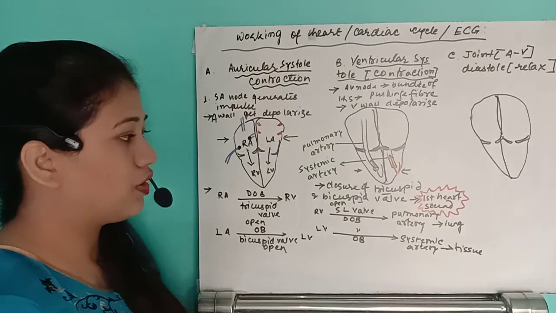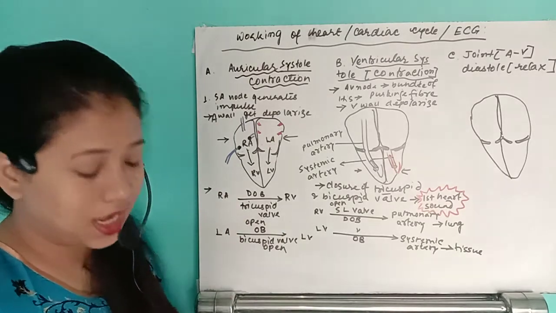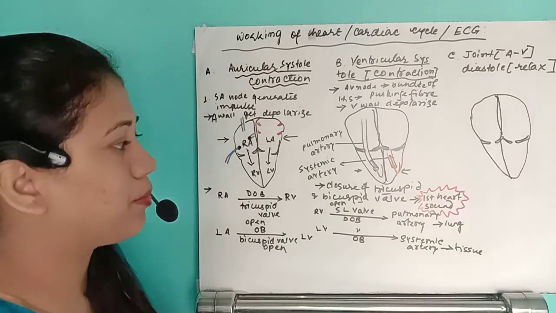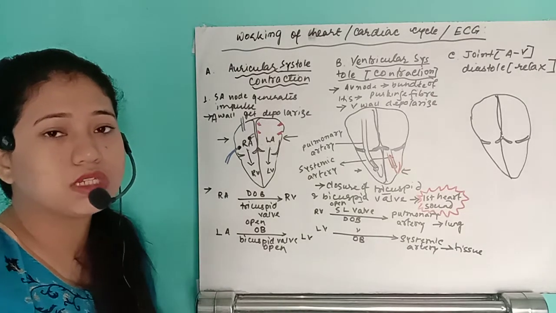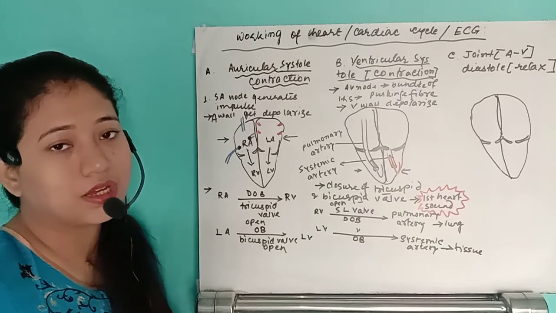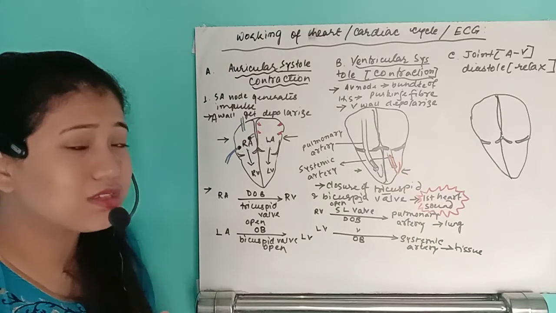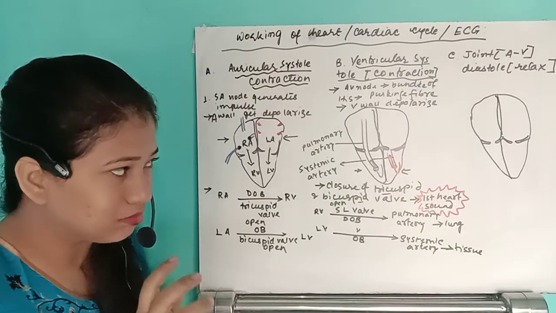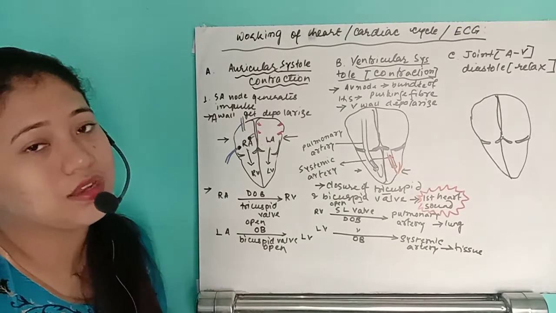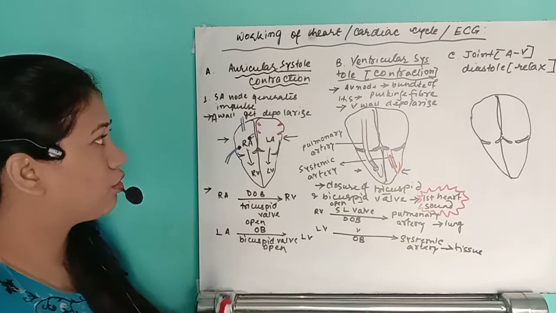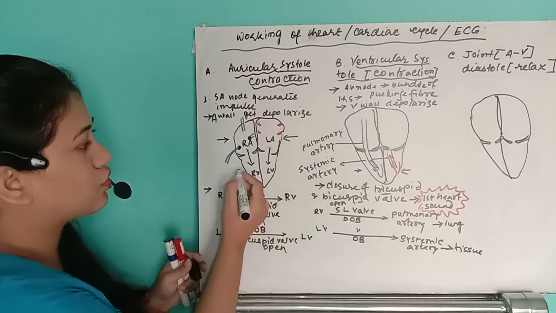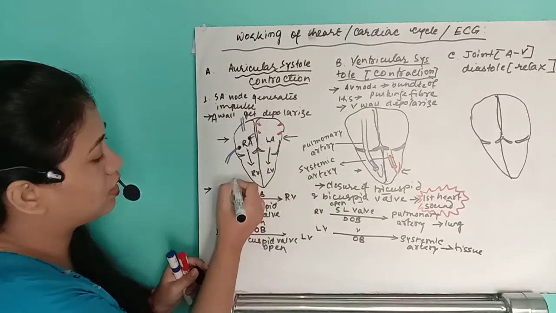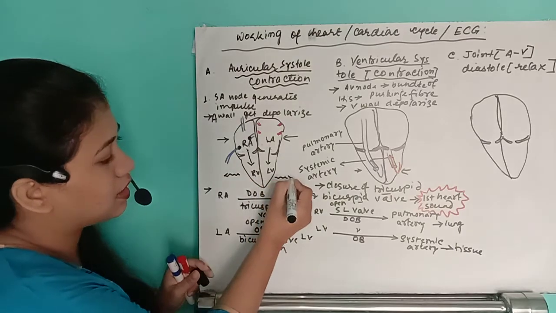Then after that, what we are going to have is the joint diastole. In joint diastole, what will happen? After transmitting the impulse from the Purkinje fiber, for a little amount of time, we will have both the two auricles and the ventricles relaxed. Already in the auricular systole, when the auricles were contracting, the ventricles were relaxing. Isn't that so?